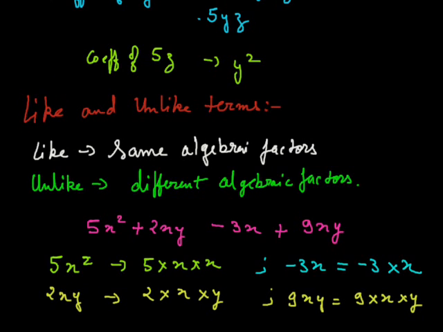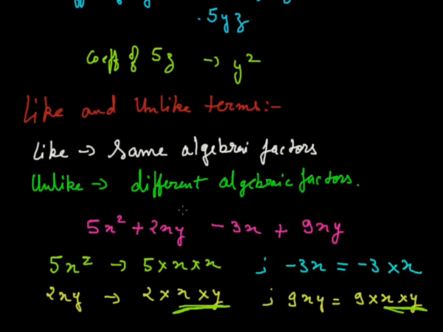Now here you can see that in the first term, that is 5x square, and the remaining other three terms, nothing is common. That is, the algebraic part, that is x square, is not common in any of the other terms. Now if we come to the term minus 3x, the algebraic part is x, which is again not the same in the remaining terms. If we come to 2xy, we can see that xy is common in this and 9xy.